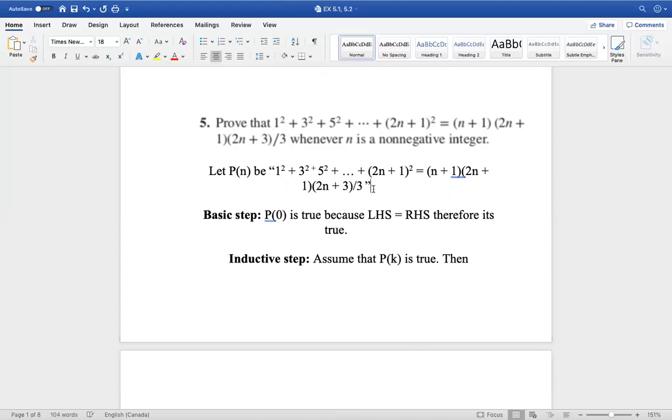just copy this. Then here we have 1 squared plus ... and then 2k, inside of n we will put in k.